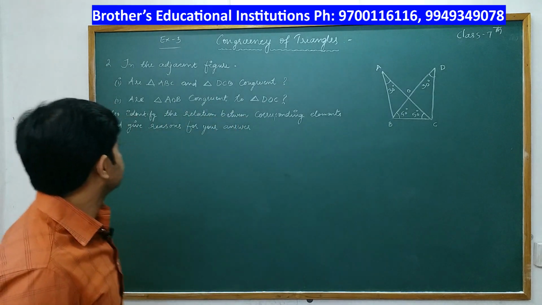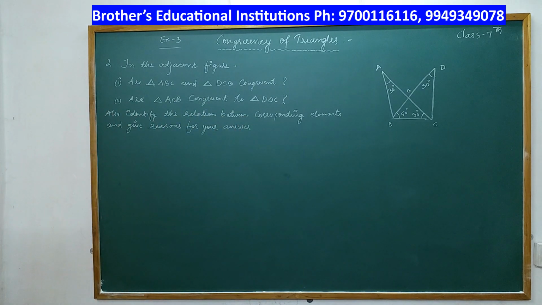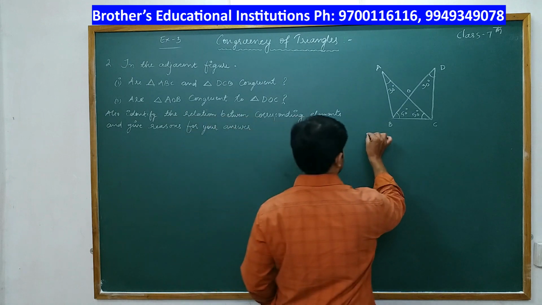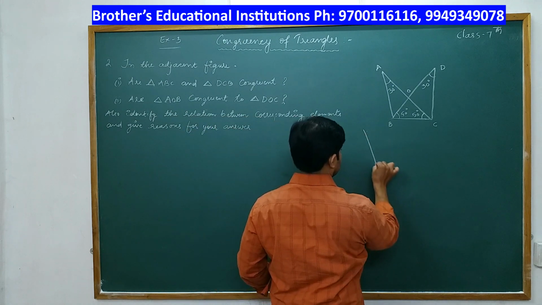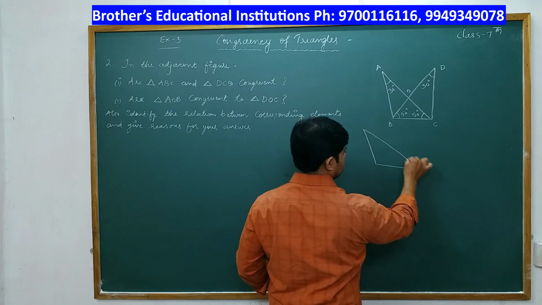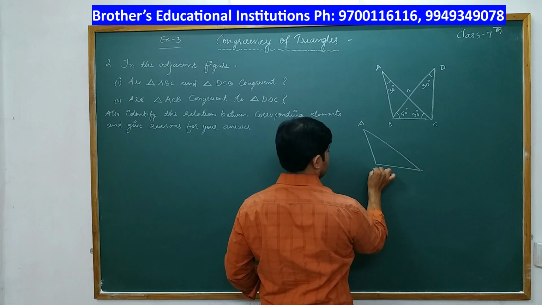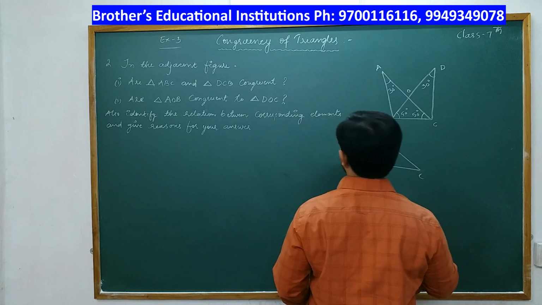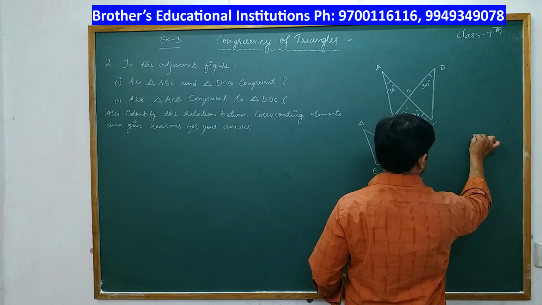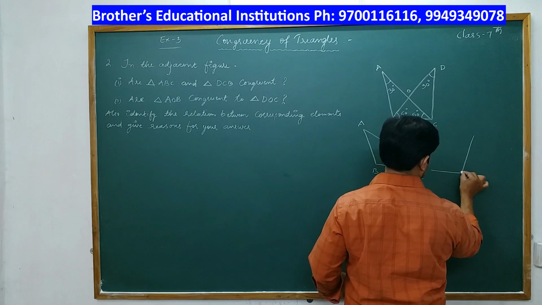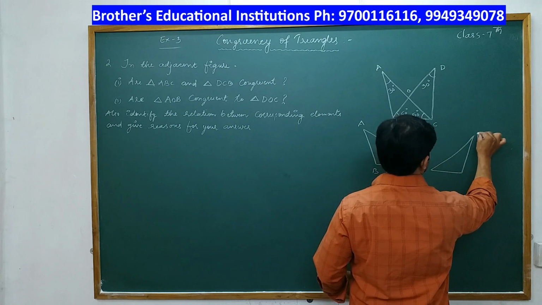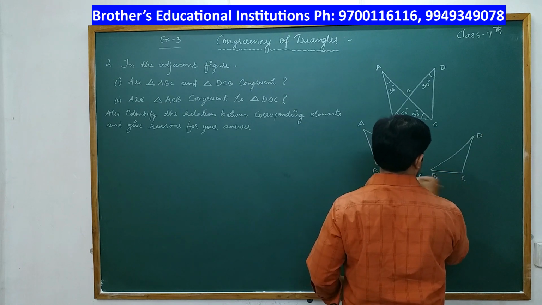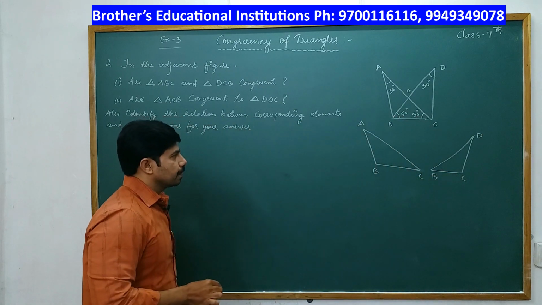Next problem. In the adjacent figure, our triangle ABC is congruent to triangle DBC. So just we'll check this. Triangle ABC. We'll split this so that it will be very easy. ABC, then DCB. Okay, so we took two triangles.